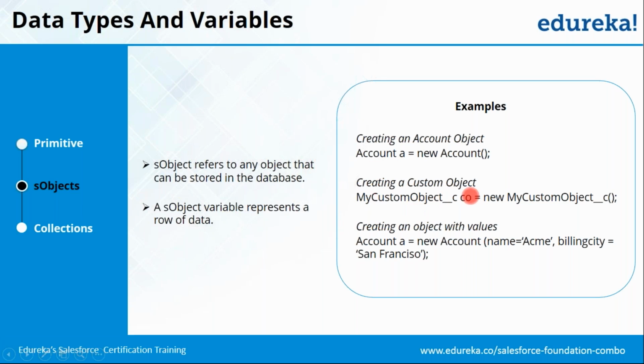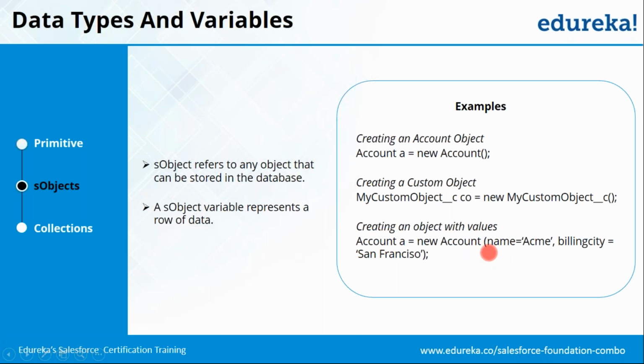But if you want to create an object with values, so at the same time when you're defining this object, if you also want to add records into that object, then you can simply do it by choosing the field name here. You can say Account a is equal to new Account, and then in brackets you give the field name. First name or last name or simply name, these are the different fields in this object.